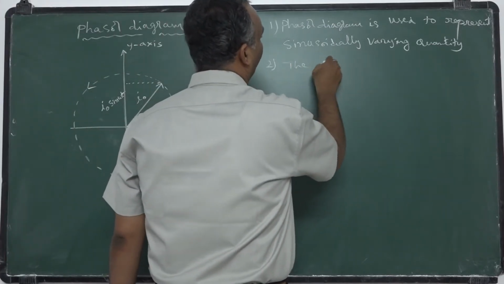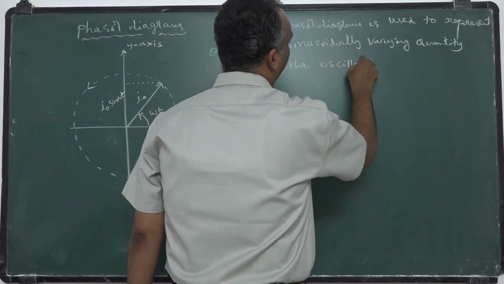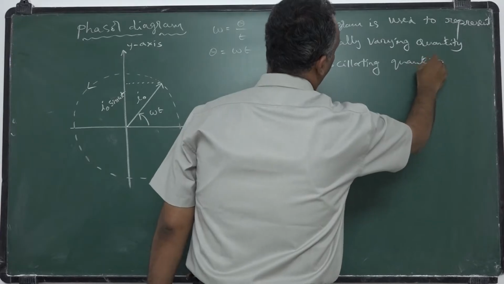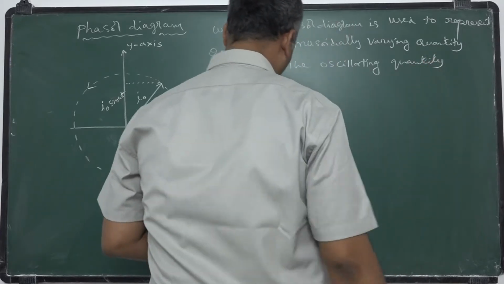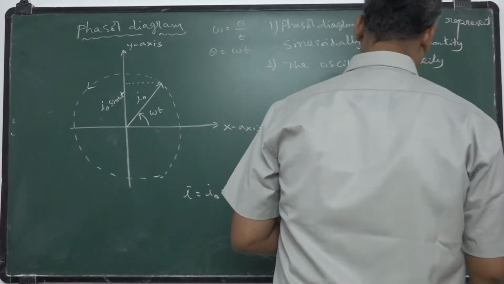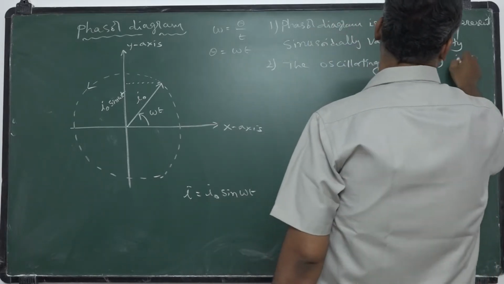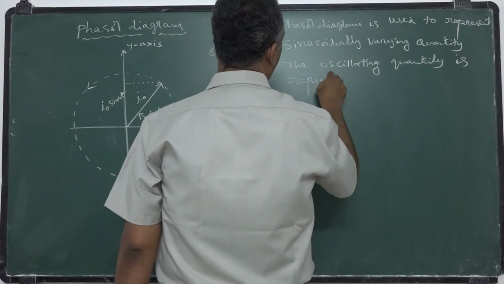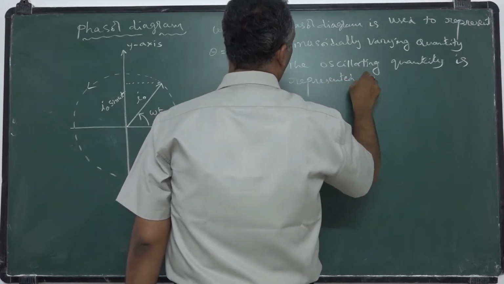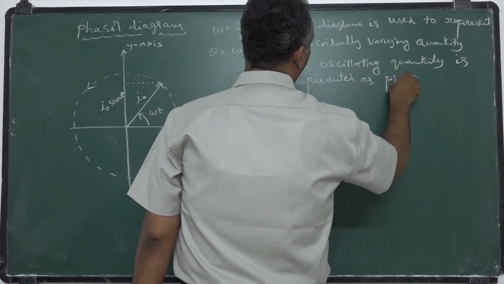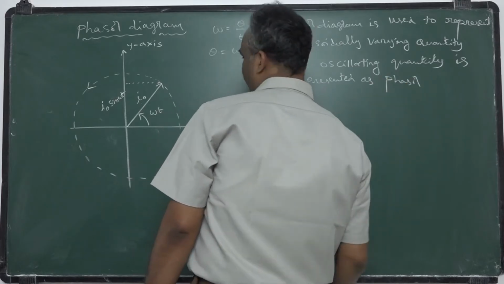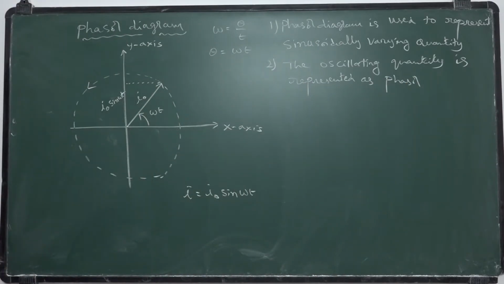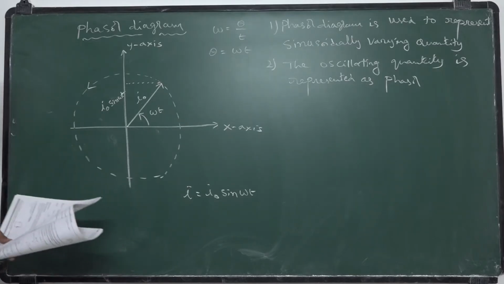The oscillating quantity is represented as phasor. Simply we can say a phasor is a rotating vector.